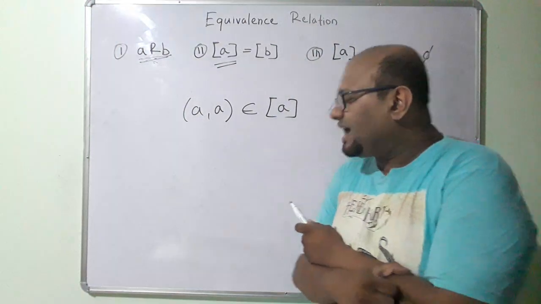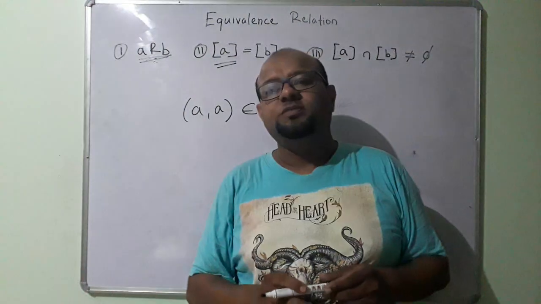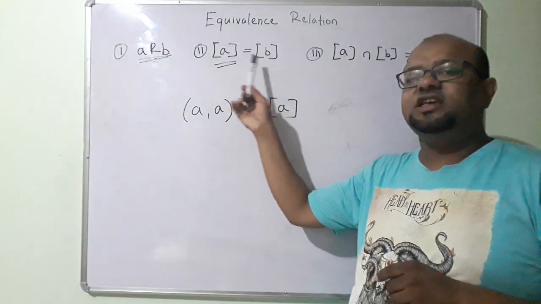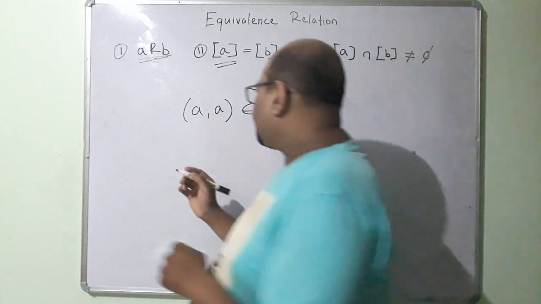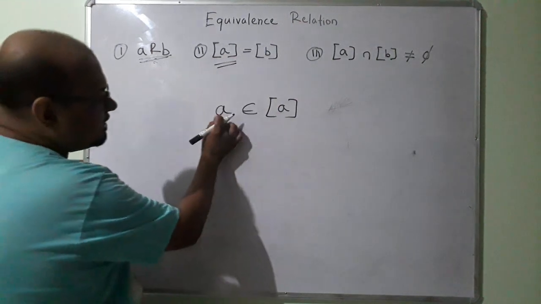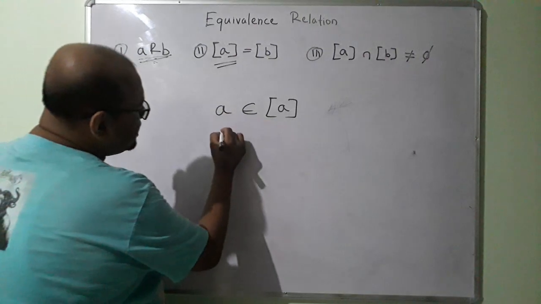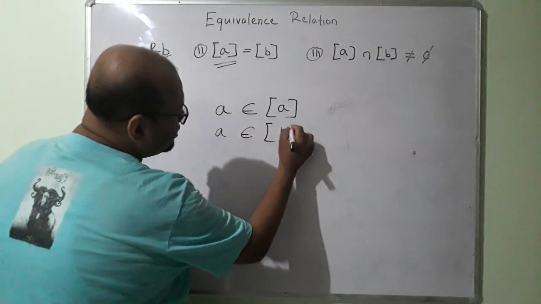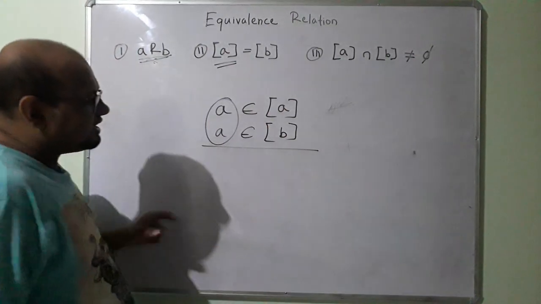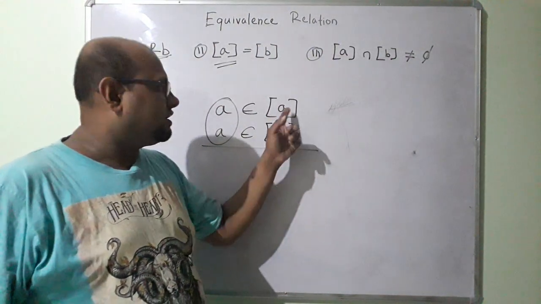So this element A is in the equivalence class of A, that I know for sure. And it should also be in the equivalence class of B. Why? Because both of these sets are equal. So this element A should belong to the equivalence class of A, and because the class of A is equal to the class of B, A should belong to the equivalence class of B. Now, I know this element A is common between these two sets, these two classes.